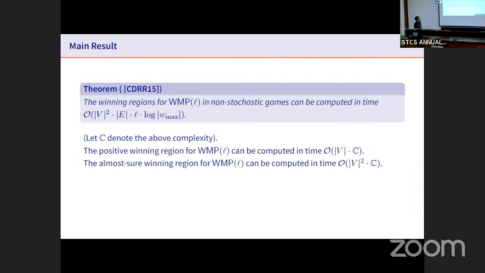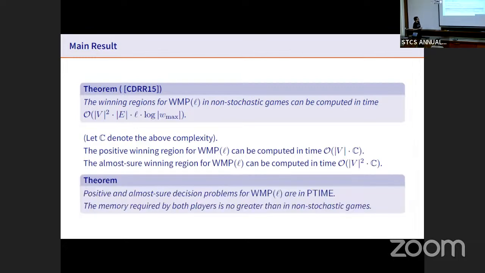And the almost sure winning region can be computed in at most V square C, because this in fact calls the positive winning region algorithm once. And this is our final result, that the positive and almost sure decision problems for window mean-payoff are in polynomial time, and the memory required for both players is no greater than for non-stochastic games.